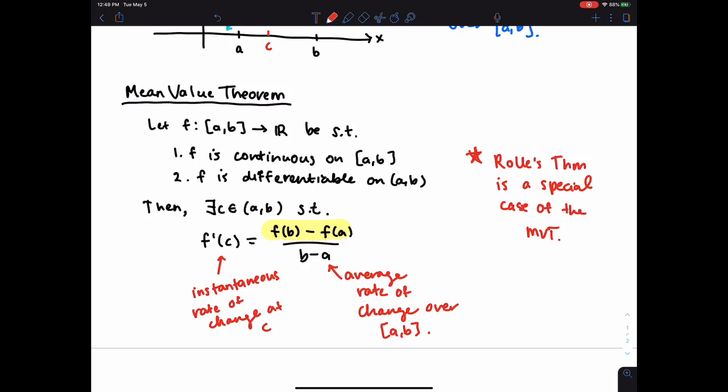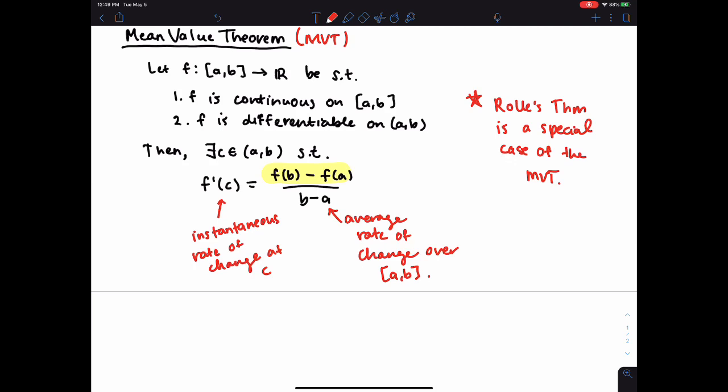To prove this, we can shift the way that the conditions of the mean value theorem are given in such a way that we show that the hypotheses of Rolle's theorem are met, and then we can apply Rolle's theorem to that shifted function and recover the result of the MVT. In that way, we can think of the MVT as being a corollary of Rolle's theorem.